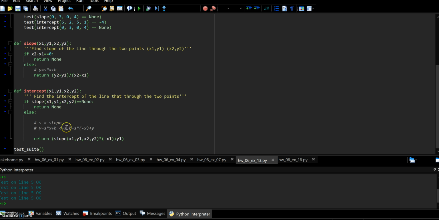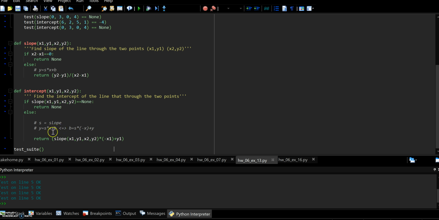So here, this function is equivalent to this function, and for example, the y-intercept of a line is basically the point whose x coordinate is 0.